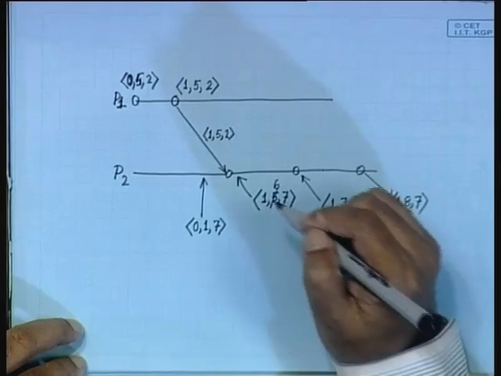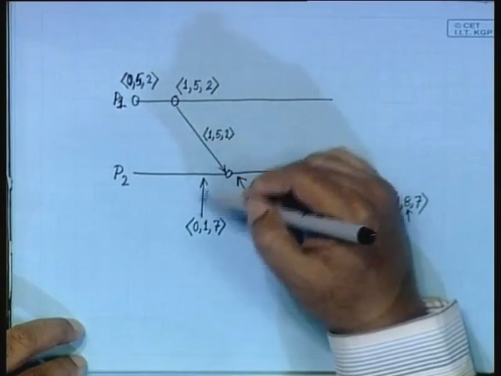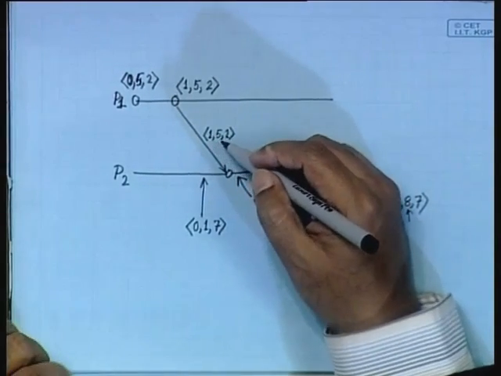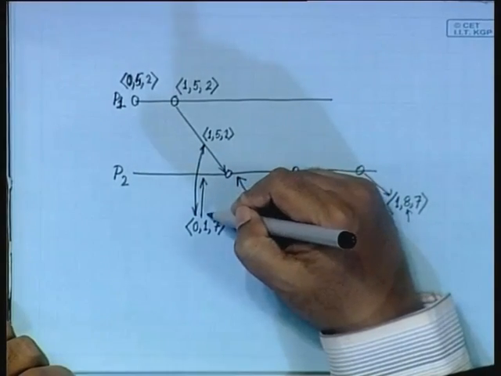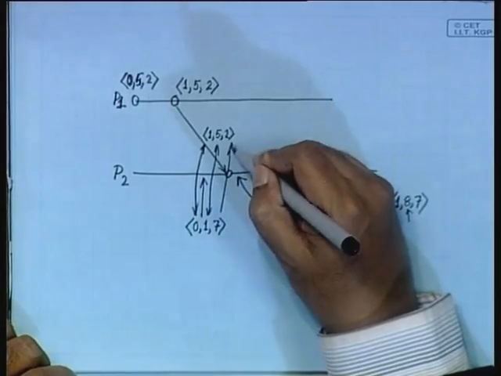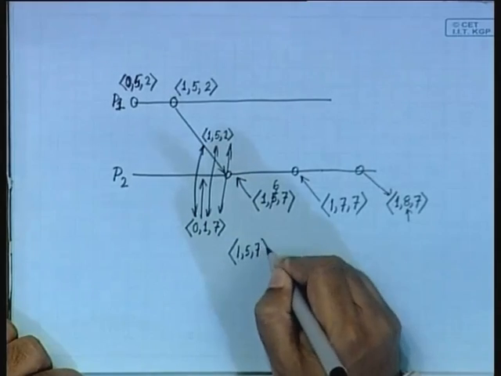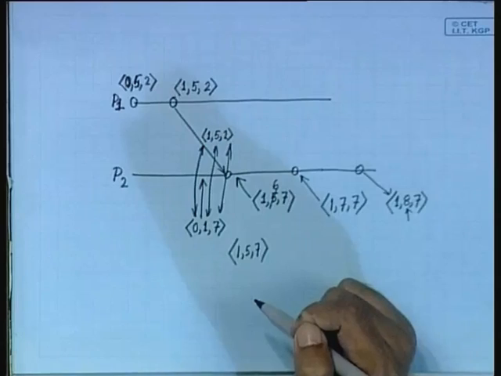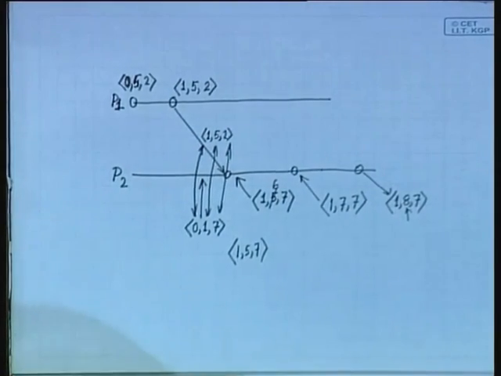When this is received, it will first take the max of this. So, max of this and this is 1. This is 0 and 1. Between these two, 7. So, you get 157. Now, this receive event will increment the local one by 1. So, you will get 167. Clear? That is how the updation takes place.